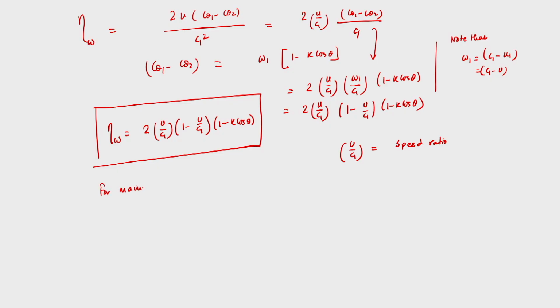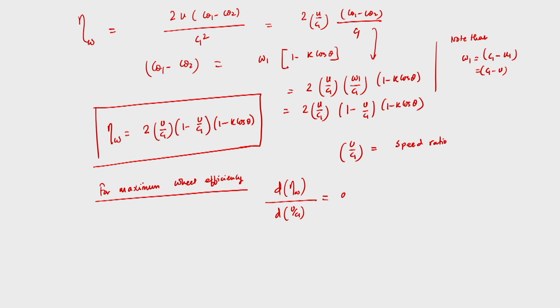Now, for maximum wheel efficiency, what we can obtain is d eta w divided by d (u by c1) equal to 0. It is very easy.